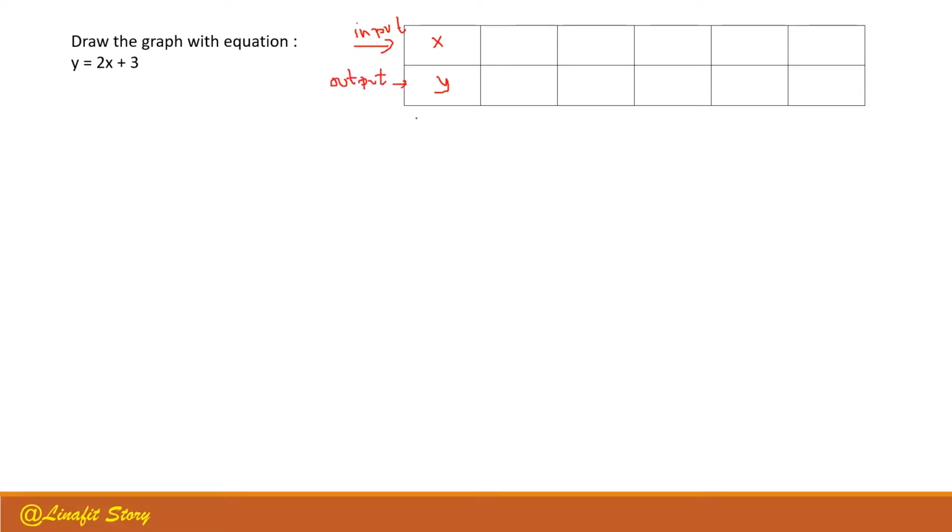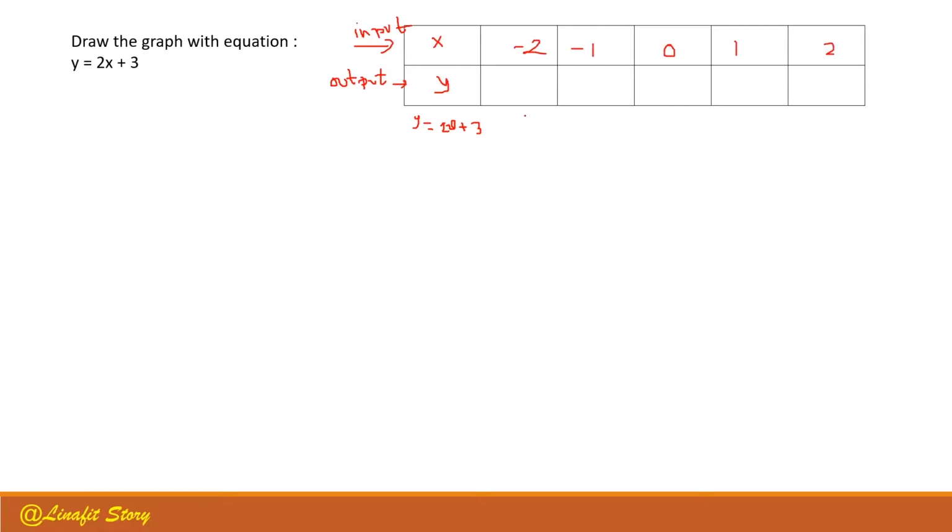Y is equal to 2x plus 3. So you may write any x. For example, negative 2, negative 1, 0, 1, 2.